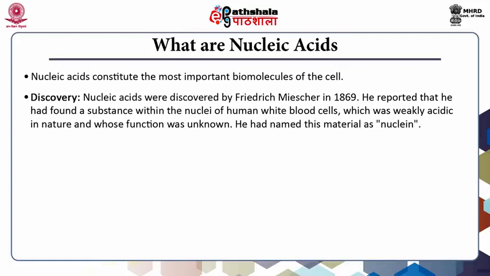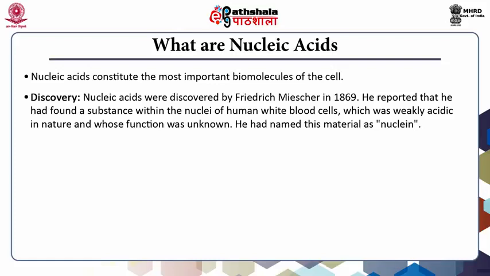He reported that he had found a substance within the nuclei of human white blood cells, which was weakly acidic in nature and the function was unknown. He had named this material nuclein.